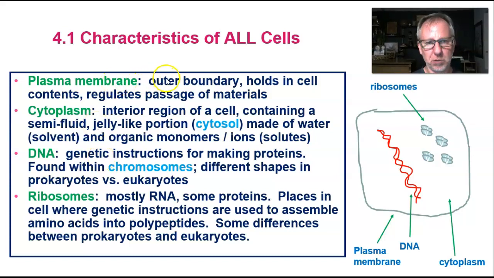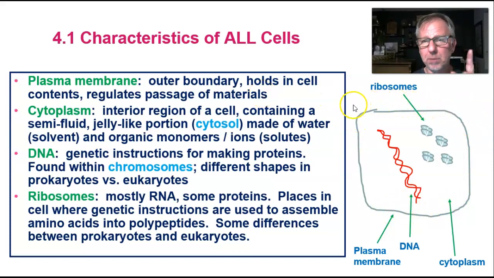The plasma membrane. We're going to go over very soon here what the plasma membrane is made of. But for now, what does it do? It's the outer boundary of cells. If you look at the little drawing that I sketched off to the side, the plasma membrane is literally the outer covering or boundary of the cell.